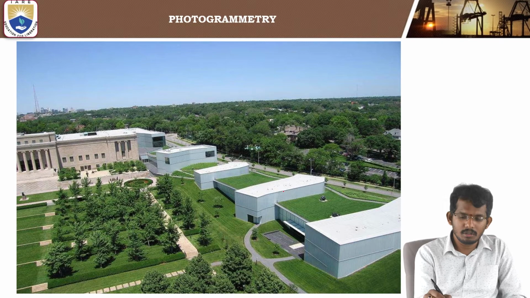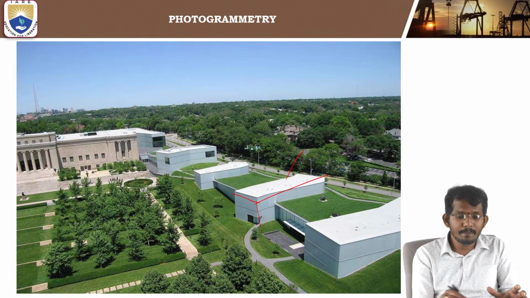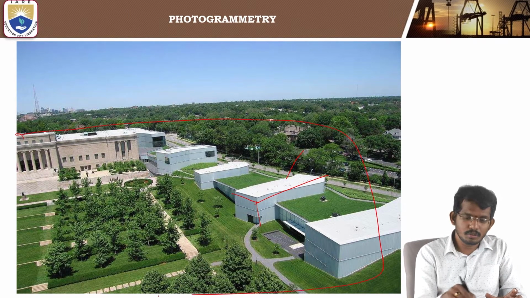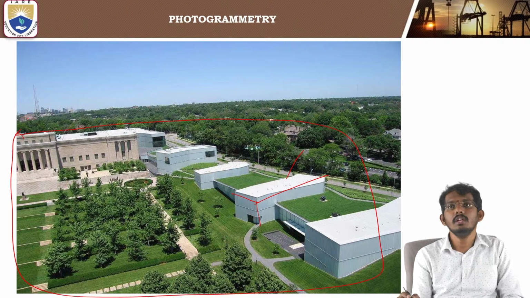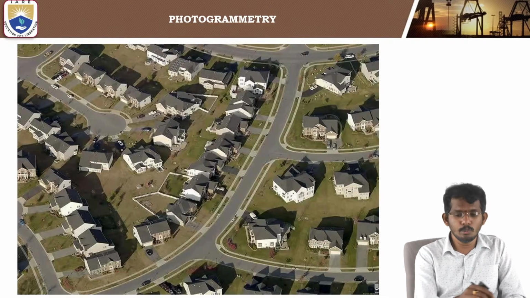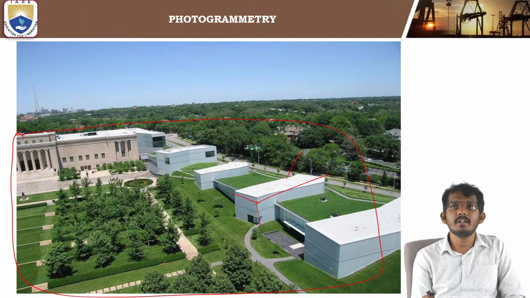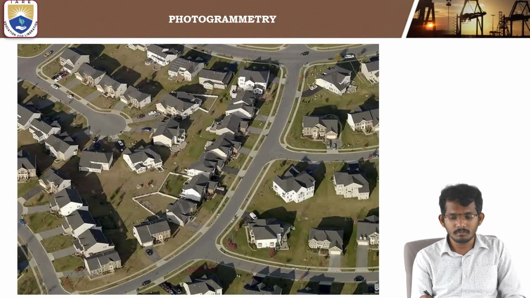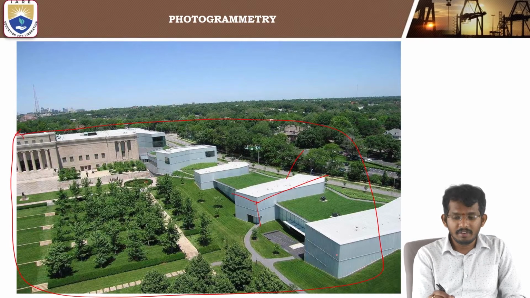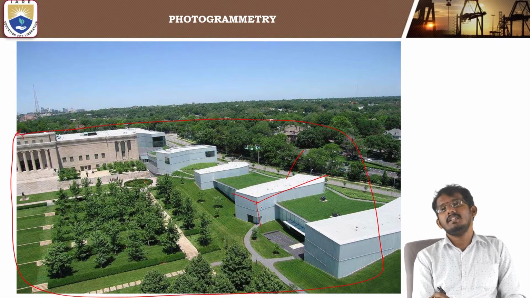If you take this block, you can see the width, the length, and the height. Here you can see only a particular section of the photograph, whereas in this, you can see a group of sections. Here we can measure the physical quantities, nothing but length, width, depth, or height in photogrammetry.